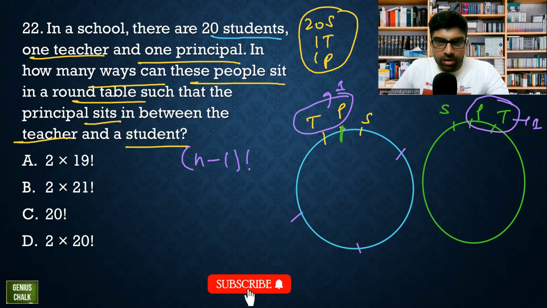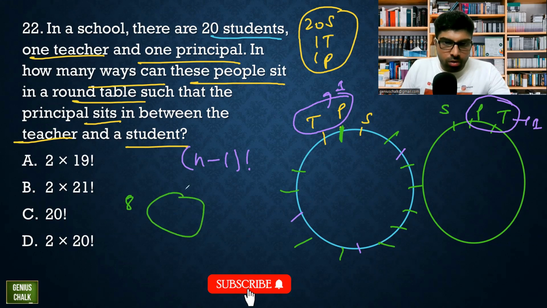So the first person we seat randomly, then the remaining ones are taken the same as a linear arrangement. Like if there are 8 people sitting in a circle, first we make 1 person sit, and after that the 7 people will sit in 7 factorial ways. That's why we say n minus 1. So 8 minus 1, 7 factorial. The same thing will happen here.